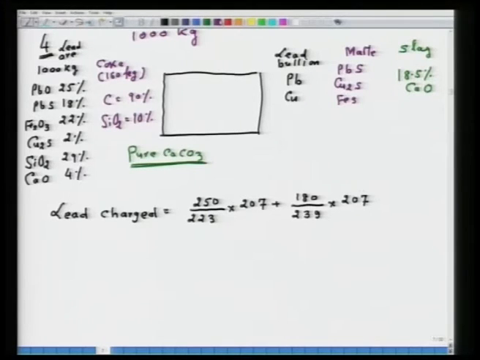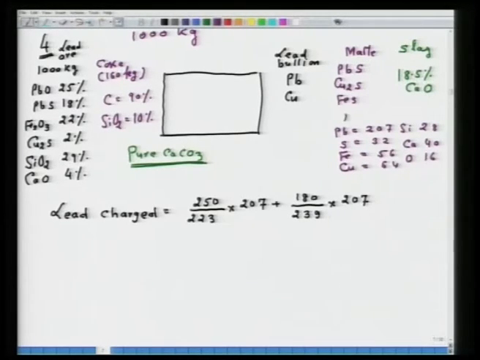Mind you, here I have taken the atomic weights of lead 207, sulfur 32, iron 56, copper if needed 64, silicon if needed 28, calcium if needed 40, and oxygen of course is 16.